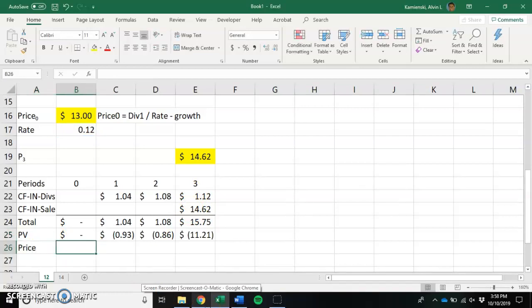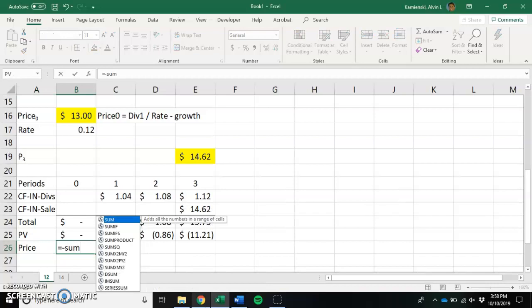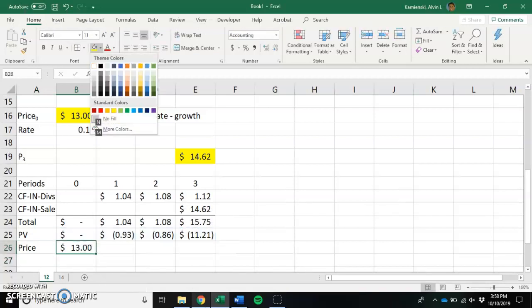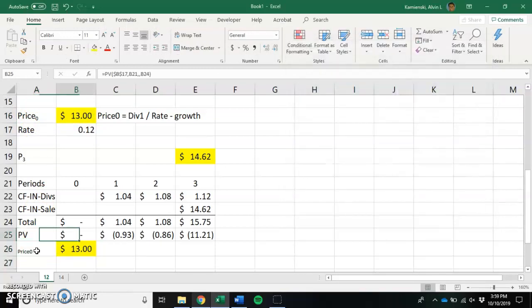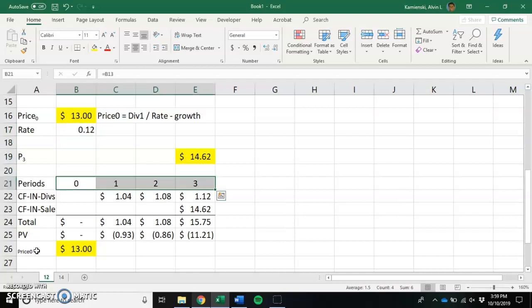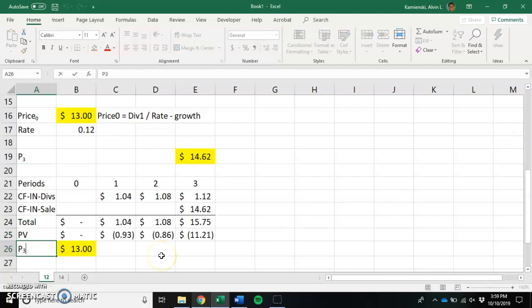So if you put that all together as price, and I'm going to change the sign on it just so it doesn't present as a negative, and we add it up, magically what we see is that whether you use the Gordon constant growth model to estimate what the price should be right now, or you use the dividend discount model, whereby you project out the cash flows you would get from dividends and from sale, and discount those by a required rate of return over the periods in which the cash would actually flow, what you eventually wind up with is the sum total of them, so that the price right now, either way you calculate it, would be $13.